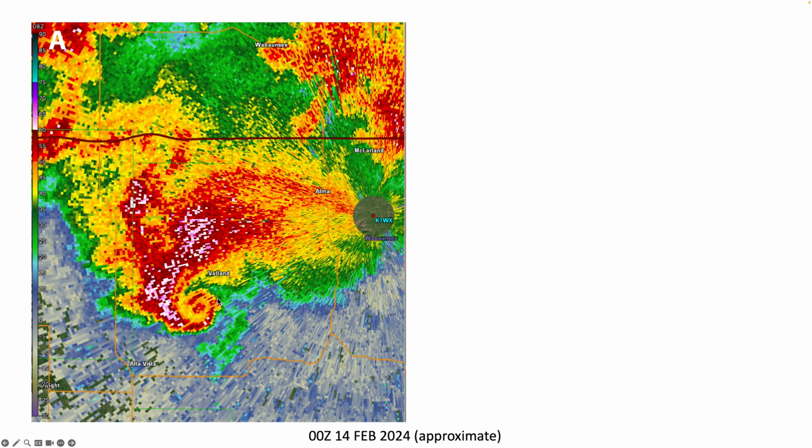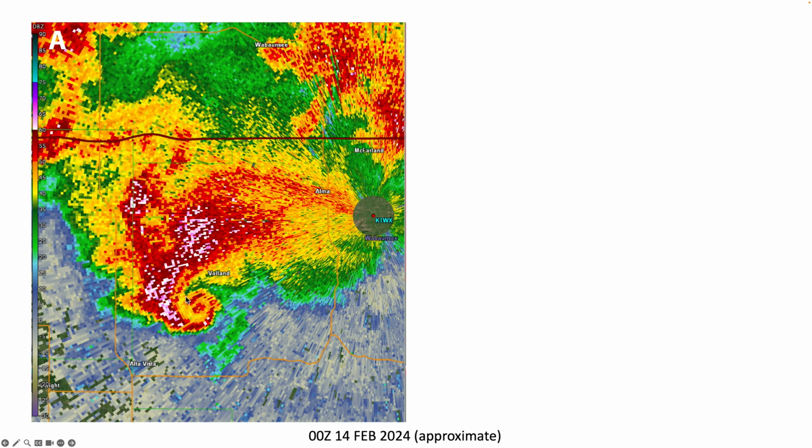Now what the mesocyclone does is, with its counterclockwise rotation, it kind of wraps this cloud level air around the mesocyclone and forms what we refer to as a hook echo. So a hook echo is basically this wrapping around of this cloud and precipitation around the mesocyclone.